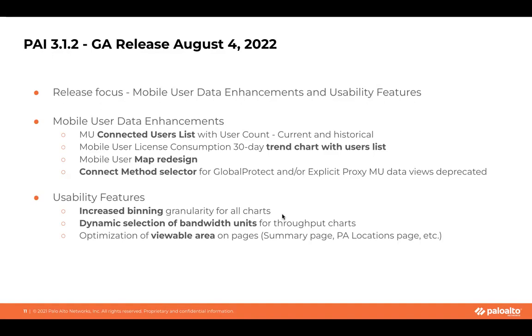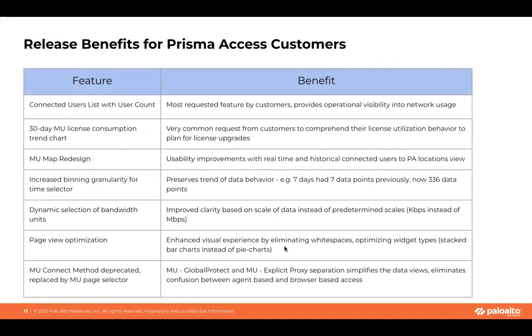So let me move to the next slide and indicate in a nutshell what these release changes mean to you, our Prisma Access customers. So at the highest end was the connected users list with the user count. And this was the most requested feature, as I already indicated.